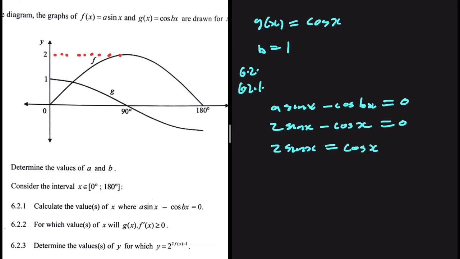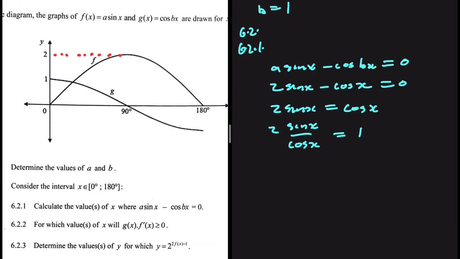Well, if we say sine of x divided by cos of x, then we're going to have tan of x. So let's divide both sides by cos of x. If we do that, we're going to have 2 sine of x divided by cos of x being equal to 1, because cos of x divided by cos of x is 1. But instead of having sine of x divided by cos of x, we can write that as tan of x.